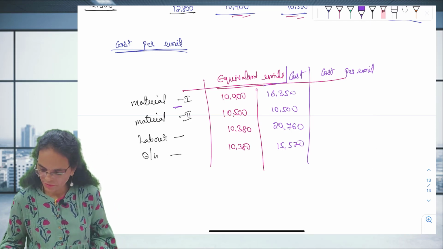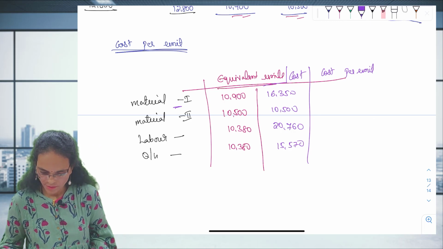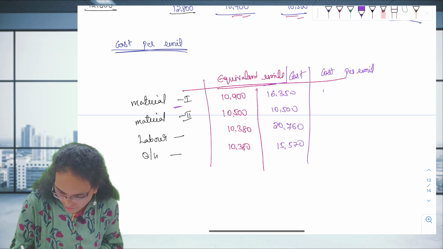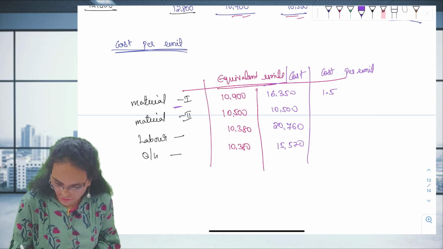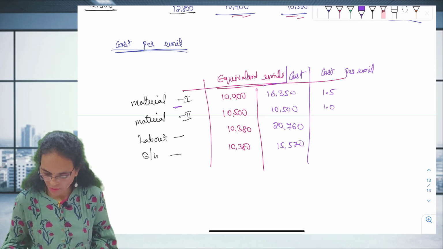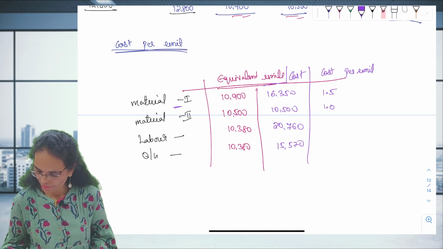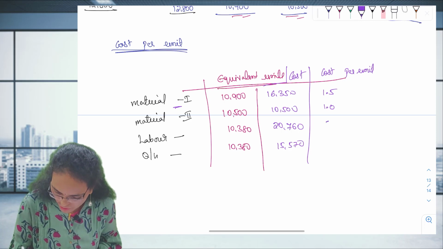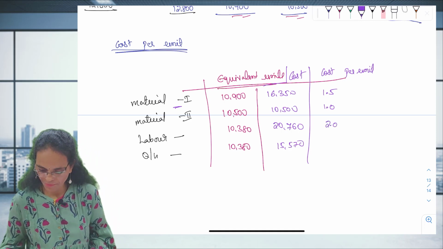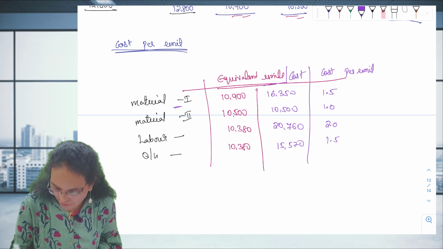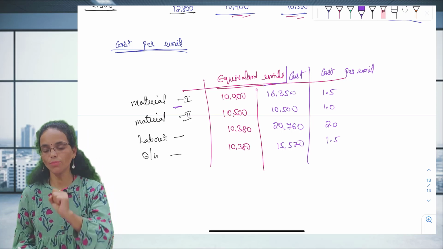Cost per unit: $1.5, this is 1.0, 2.0, 1.5. This is the equivalent production.